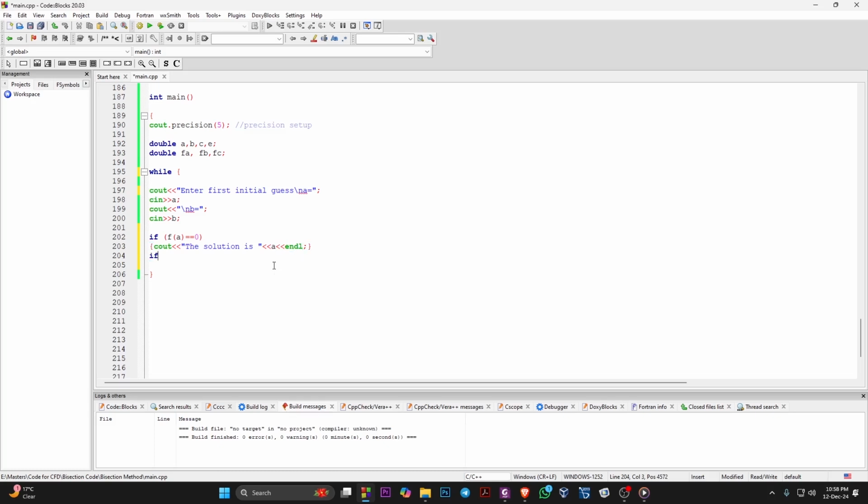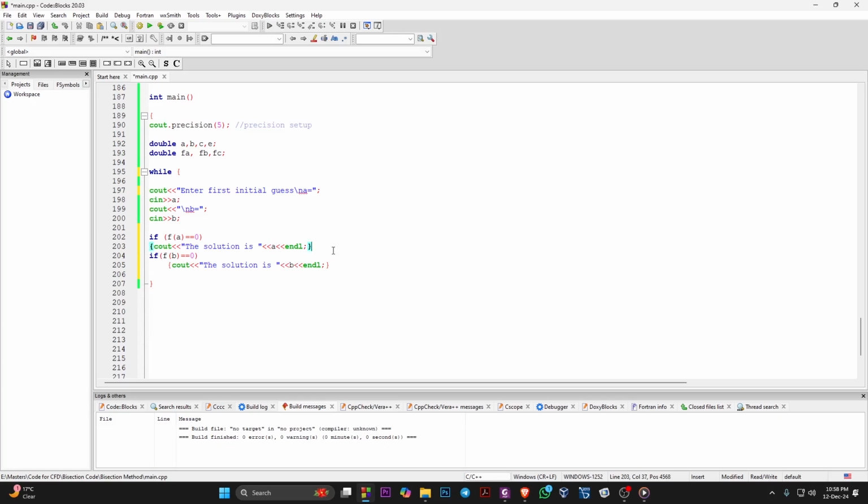Then again we want to set another function value. If f of b is equal to 0, then again our result would be the solution is b.